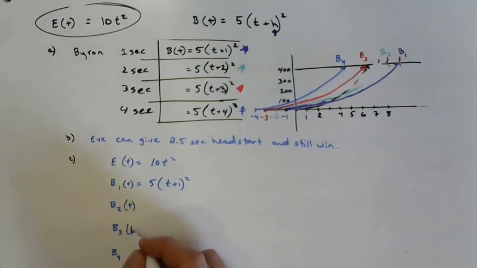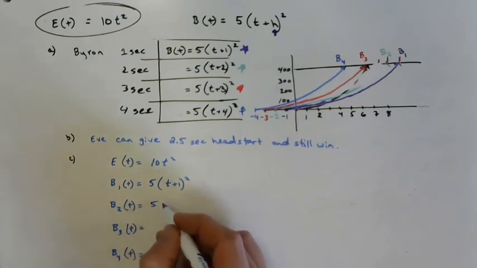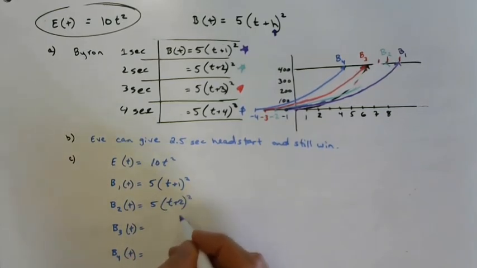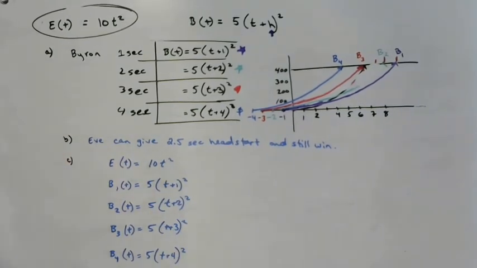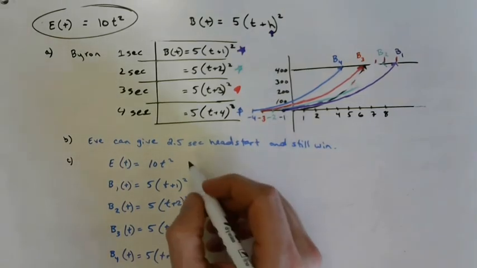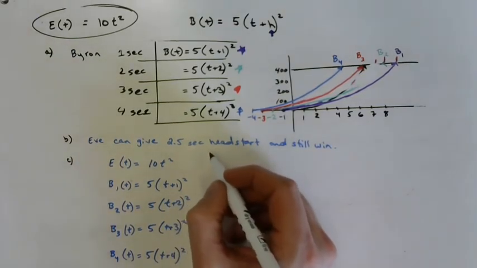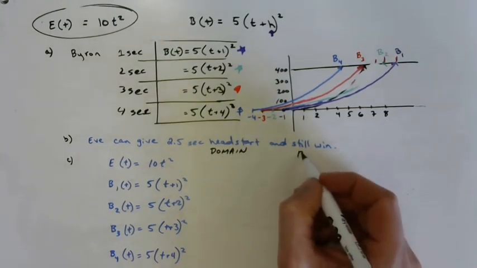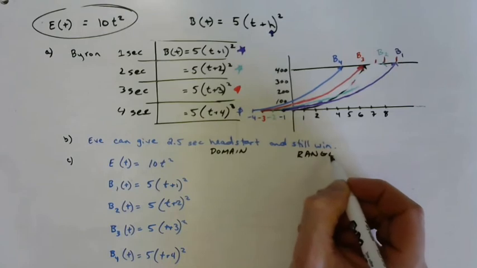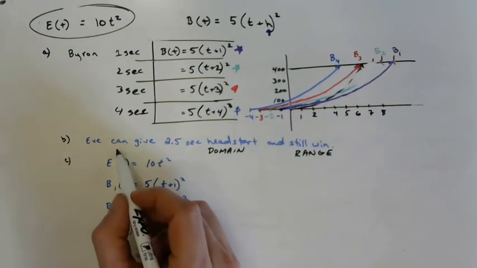Then Byron with 2, 3, and 4 seconds is 5(t plus 2) squared, 5(t plus 3) squared, 5(t plus 4) squared. That's all the equations that we're dealing with. And now we want to talk about the domain, and then we're going to talk about the range. This is the function.